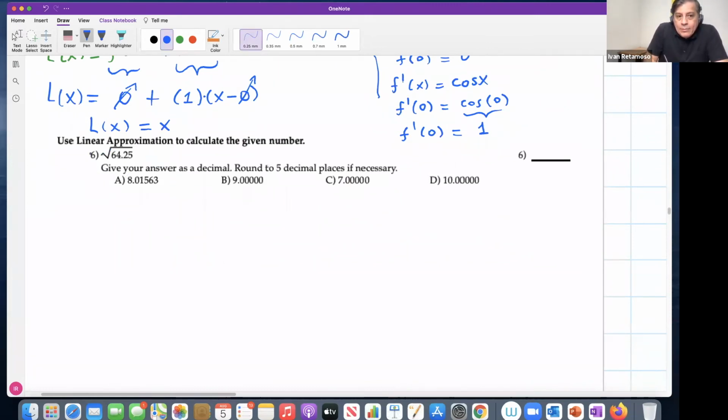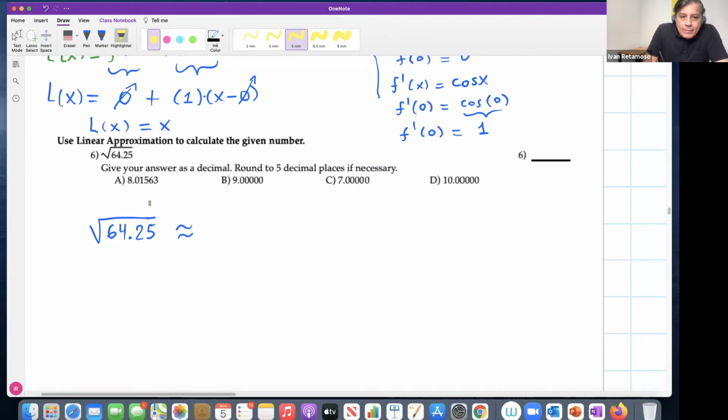Suppose they ask you to use linear approximations to calculate the square root of 64.25. How can we do this directly, sort of in one step? Well, you know that this computation can be done using the linearization. So directly you write the square root of 64.25 will be equal to what? First, I want you to select your base point.